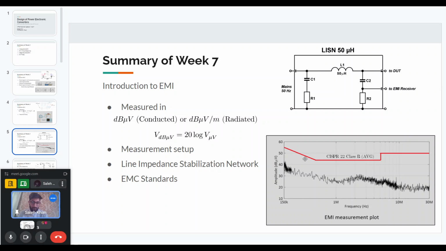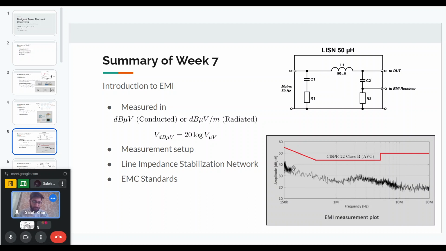And you can see at different frequencies the limit is different. For lower frequencies, the limit can be higher, and then for medium frequencies up to the conducted range, it has a particular level, and for higher than that, let's say in the radiated range, there is some different limit.